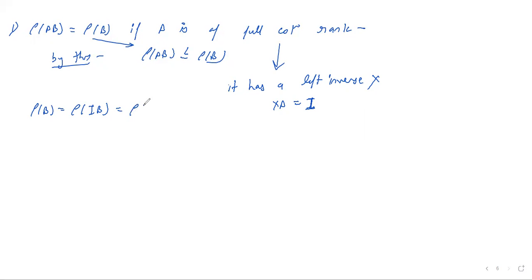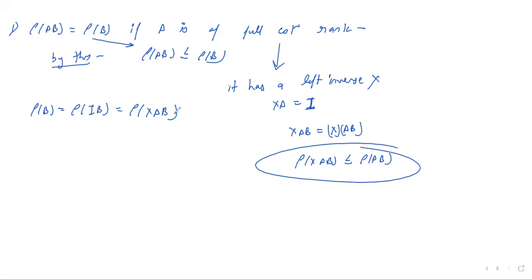Now I can replace this identity by XA, so we get rank of XAB, which is the multiplication of AB by X. Using the property of the left inverse, rank of XAB is less than or equal to rank of AB, because the row space of XAB is a subset of the row space of AB, like we have done previously.